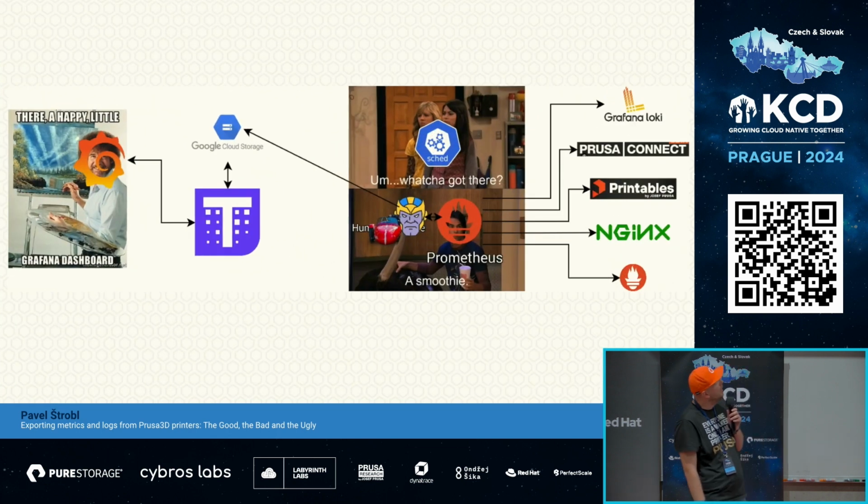This is, let's say, the observability pipeline, at least for metrics. As I said, we use Thanos and a Google Bucket. In the Google Bucket, we have metrics, and we use Thanos sidecars, so Prometheus automatically sends the metrics into the Google Bucket.